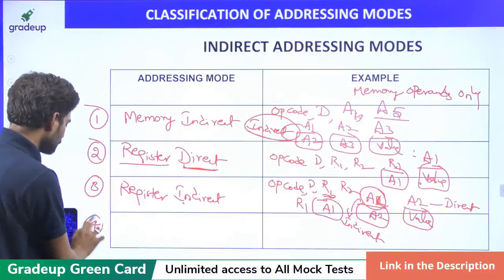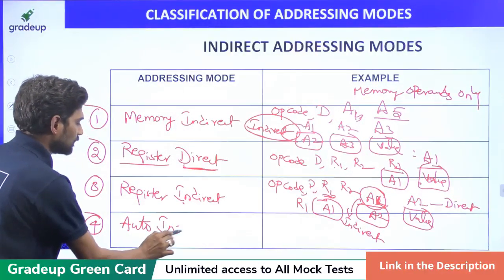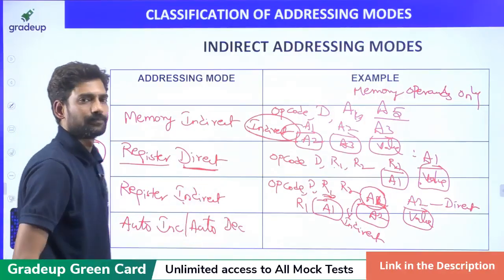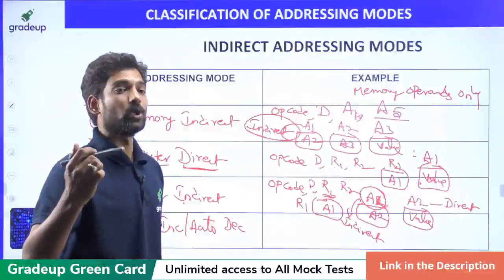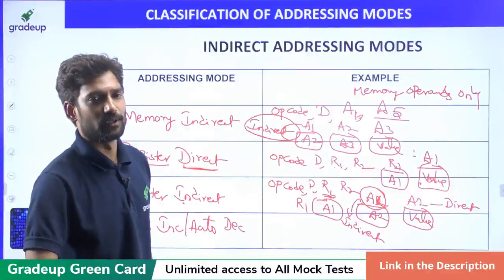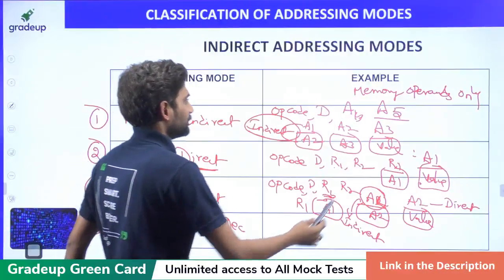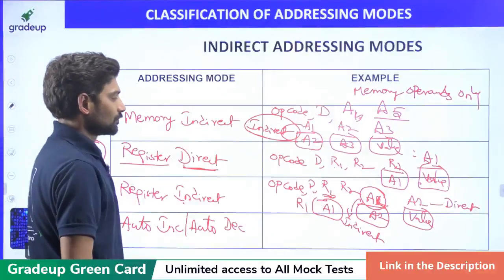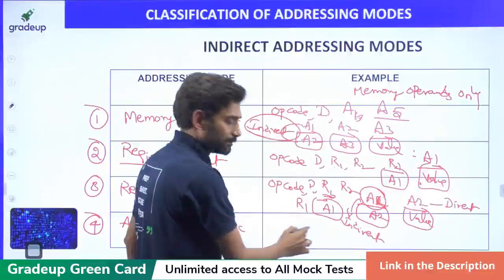Then, auto increment or auto decrement addressing mode. What is it? Guys, due to space, I am erasing this.